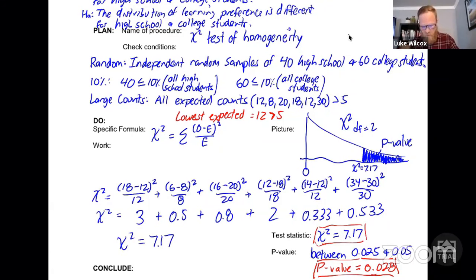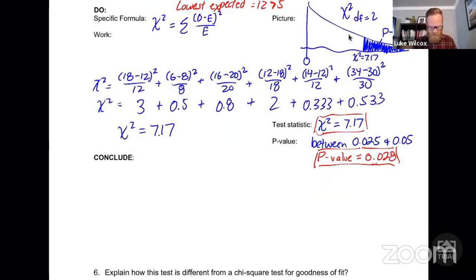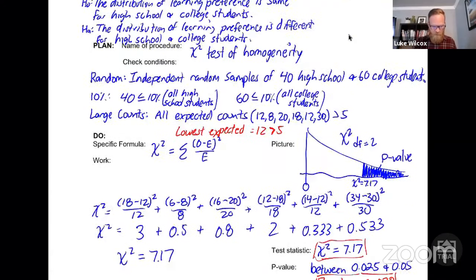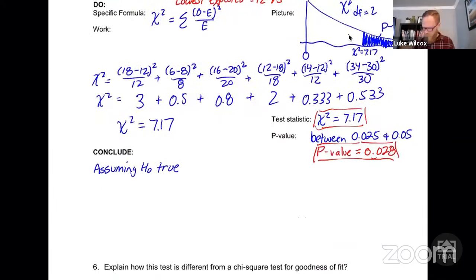And I think we are now ready to write a conclusion for our significance test based on that p-value. So much like yesterday, I am going to start with a sentence where I will interpret the Holy Grail, the p-value, and then we'll go ahead and actually make our conclusion. Okay, so to interpret the p-value, we have to start by acknowledging that we are starting with the null hypothesis. So assuming H null is true, and we've defined the null hypothesis up here, so I don't have to write it again.